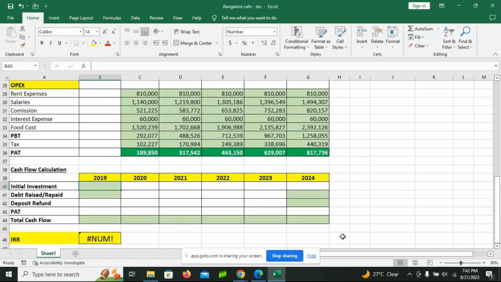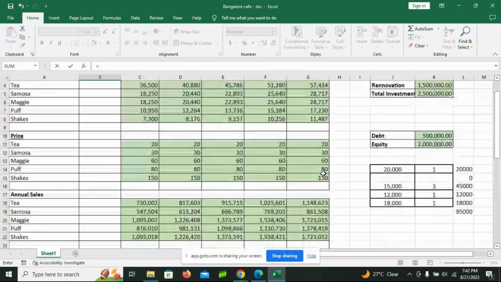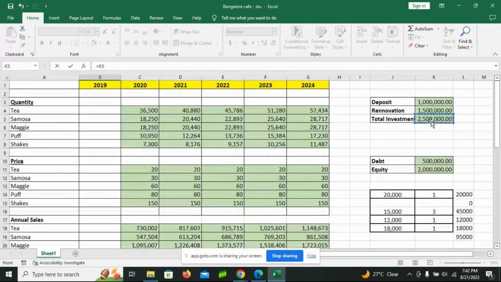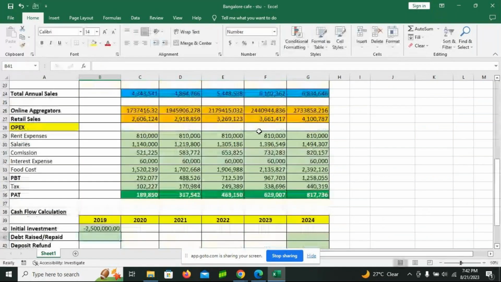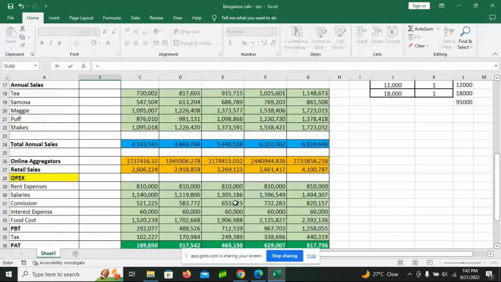So let's make the initial investment and cash flow calculation. Initial investment is 25 lakh, which I am investing, so that is in minus. Debt raised equals 5 lakh rupees.